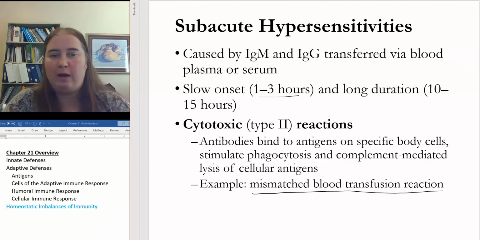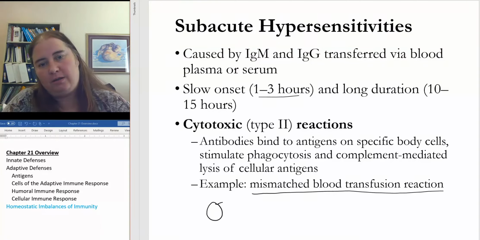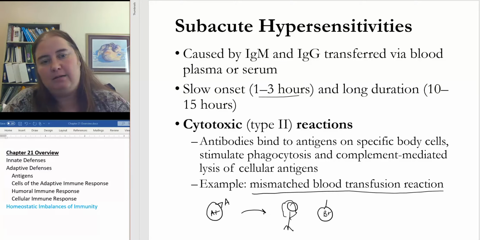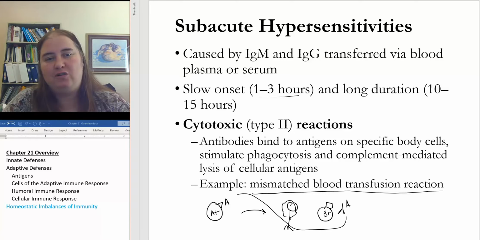So that is why if we have a patient with an A blood type, and we give this to a patient who has, here's our little Susie, and she has B blood, we know that she creates A antibodies, right? Here's our transfusion reaction.